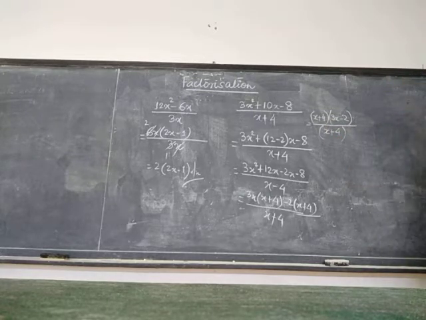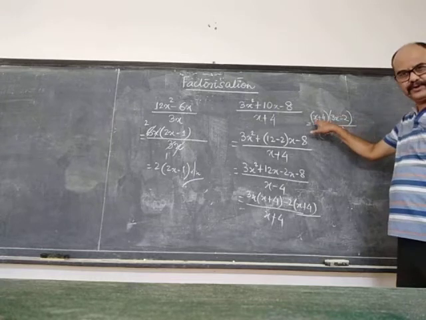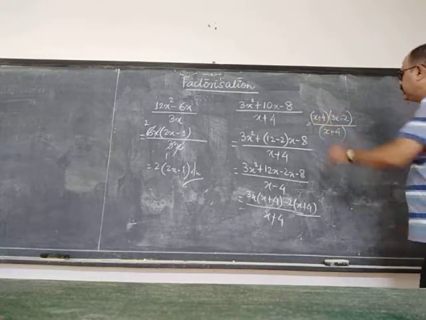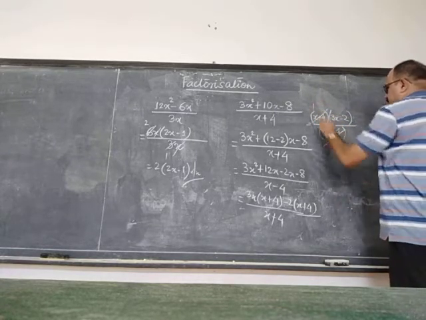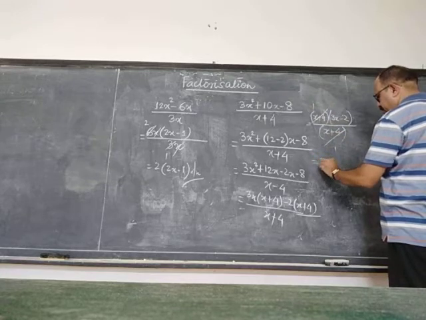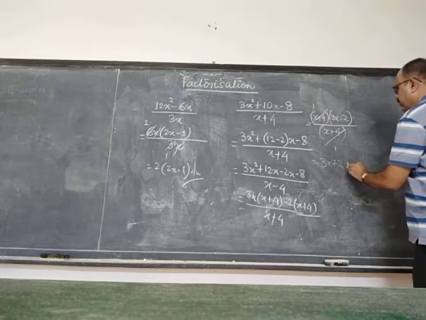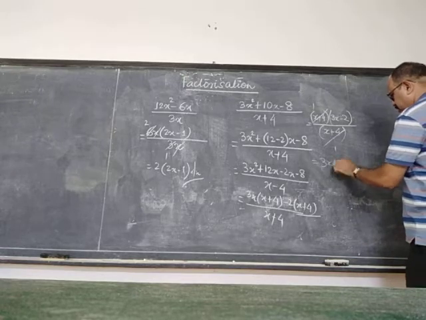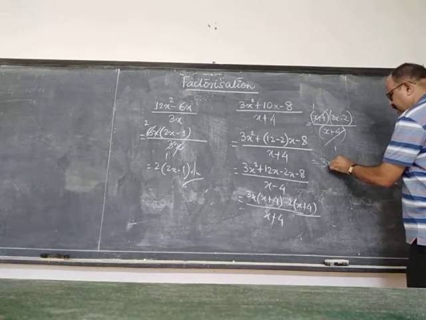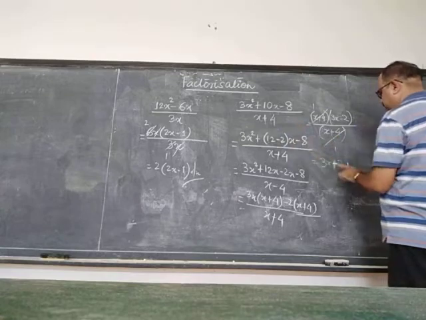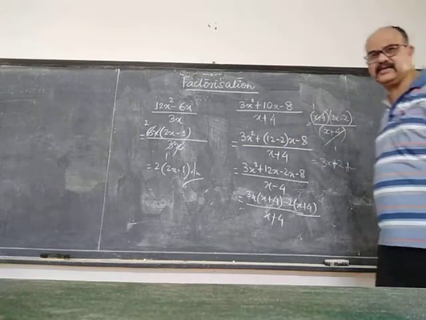Now you see, this x plus 4 and this x plus 4 you can remove. So you are left with 3x minus 2. Here I have mentioned the question wrong, so it should be x plus 4 and it will be 3x minus 2. So this is the answer.